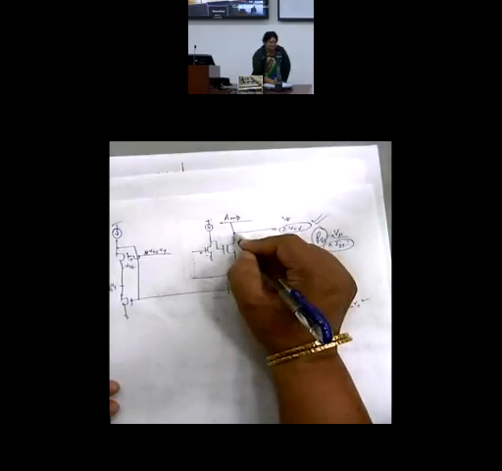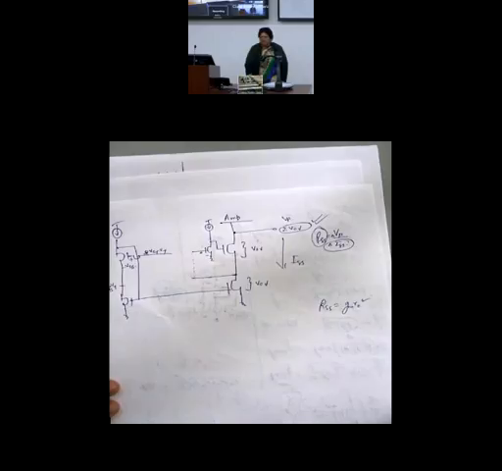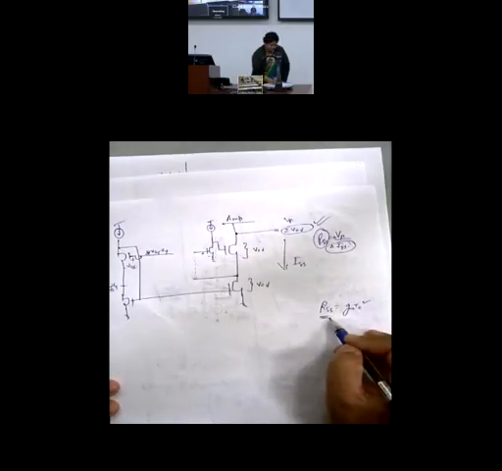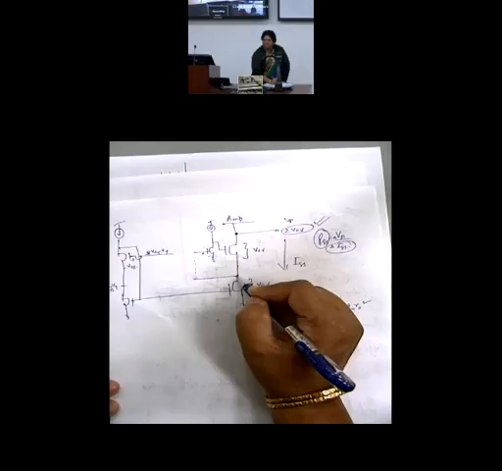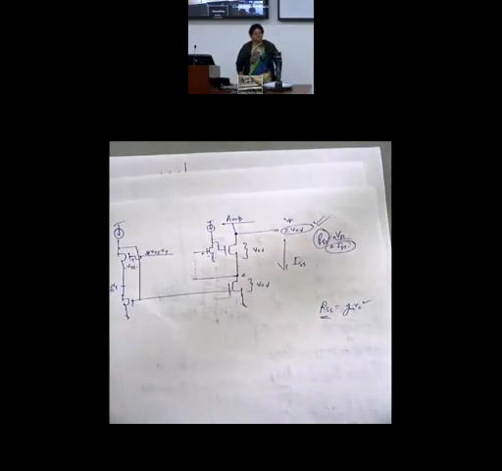Due to some reason, say maybe because of temperature change, VT decreases and current increases. ISS increases. As a result, ISS is flowing across RS, so this node voltage increases, and this node voltage will also increase. Let me say this increment in node voltage is delta. Because of this, now current is increasing.